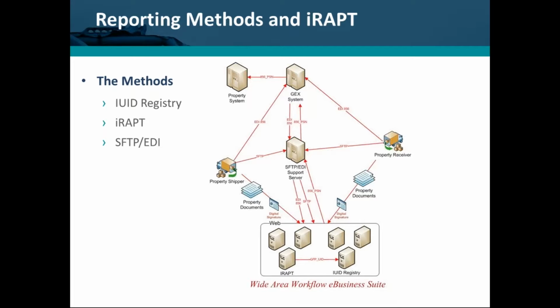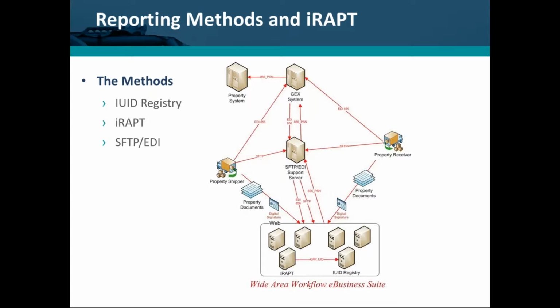So data is passed from the contractor to iRAPT via the Global Exchange Service, which is the GEC, and the documents are submitted via EDI, and must be formatted in a particular iRAPT EDI guide structure and sent to the GEC.